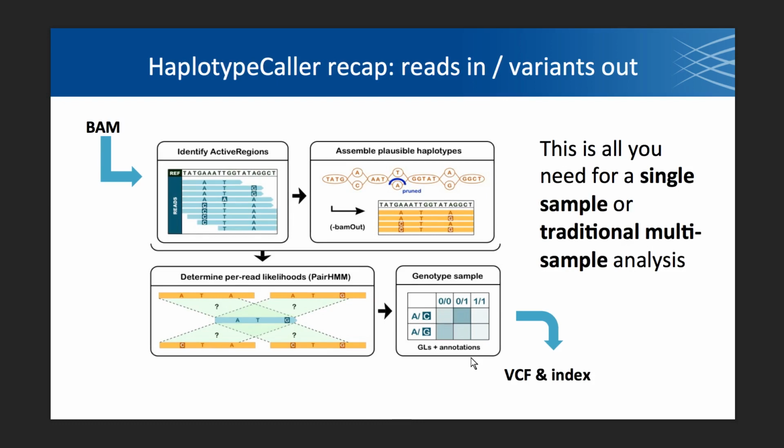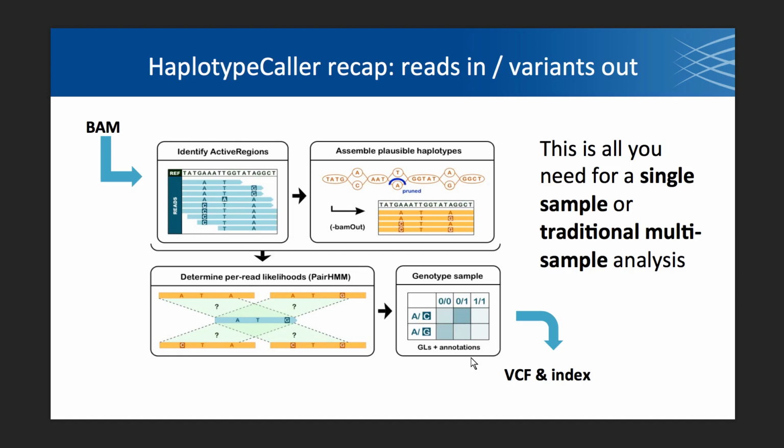So we started this process with an aligned, quality recalibrated BAM with duplicates marked that's ready for variant calling. We input that to HaplotypeCaller. We identified what we call active regions, where there's enough information about places that vary from the reference that it's worth doing a little more computation.